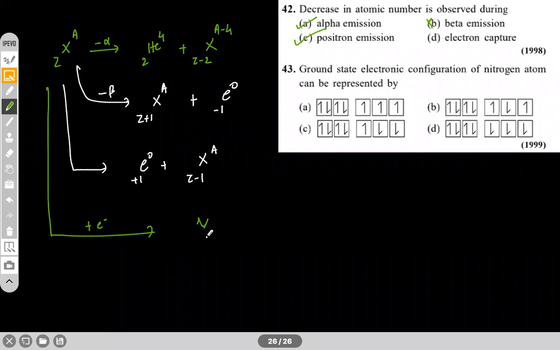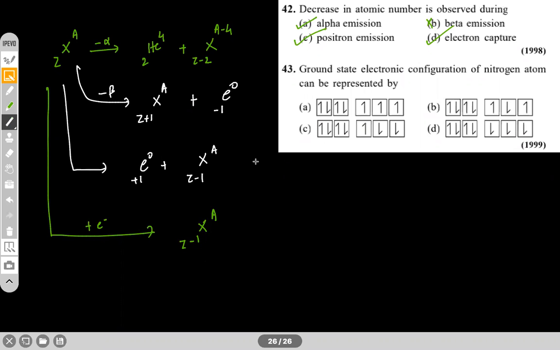So it becomes X, A, and it takes one electron, so the charge decreases, right? Z minus 1. Right, so D is also correct. So A, C, D are the correct answer.